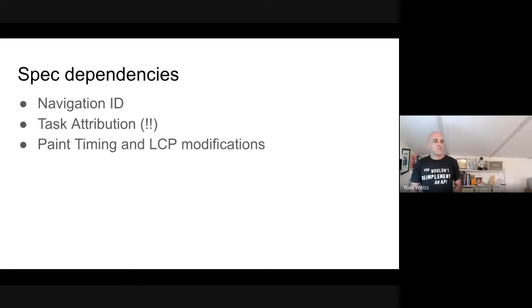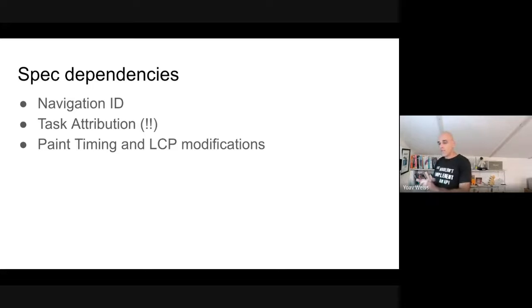So in terms of spec dependencies, there are a bunch of them. This depends on navigation ID as a concept that hasn't landed yet. I believe Ian has a PR up against HTML, but it hasn't landed yet. And we're relying on that concept here in order to be able to do that correlation.